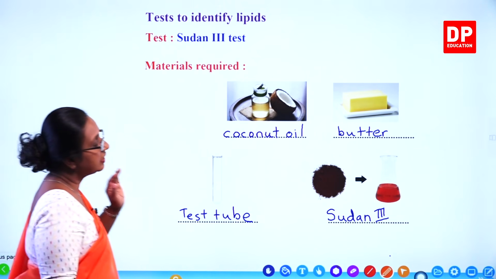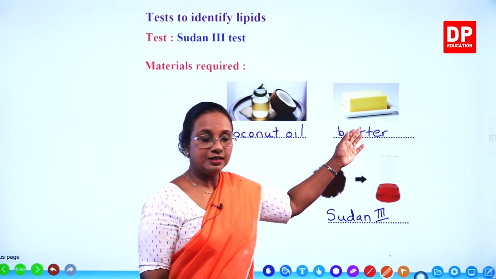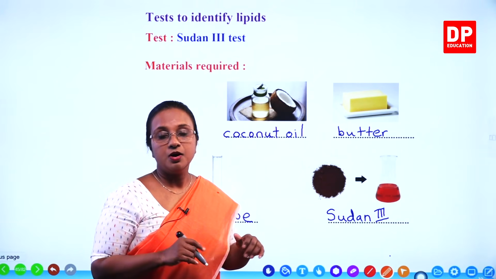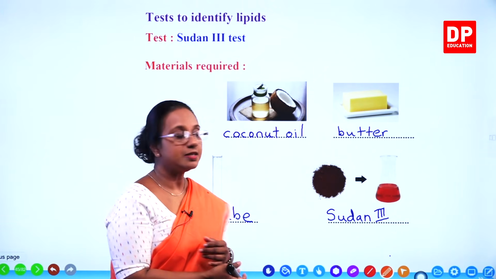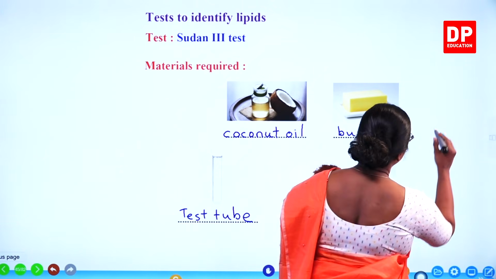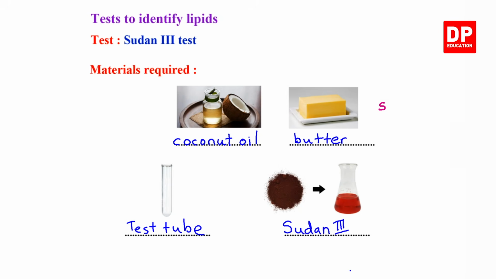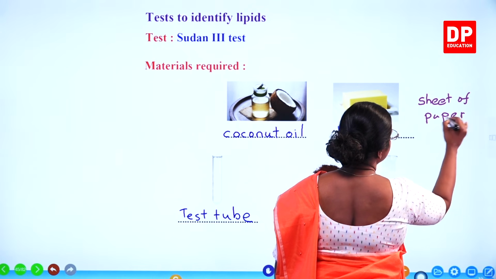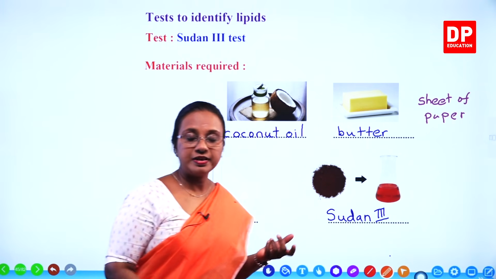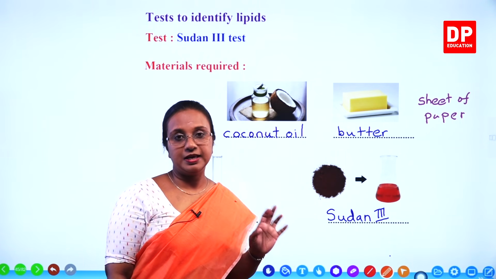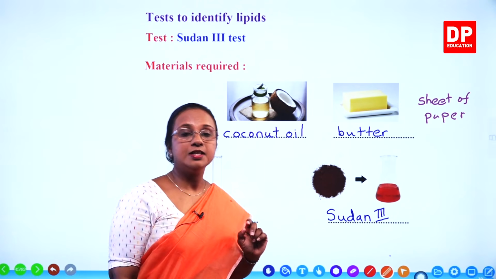So here we have butter and we will need a blotting paper or a sheet of white paper. So I will include that also here. We will need a sheet of paper. We can use a normal paper, we can use a filter paper, or we can even use a blotting paper. Any paper to observe the change.